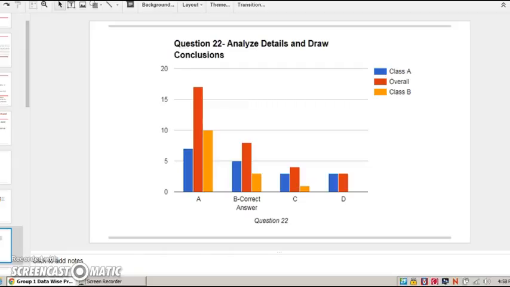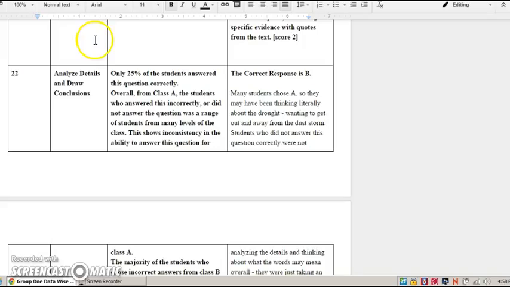So as you can see, we did question 22, and it was analyze details and draw conclusions. You can see that the correct answer was B, and you could see what the other classmates answered. And if we look over here quick, question 22, analyze details and draw conclusions, only 25% of the students answered the question correctly.